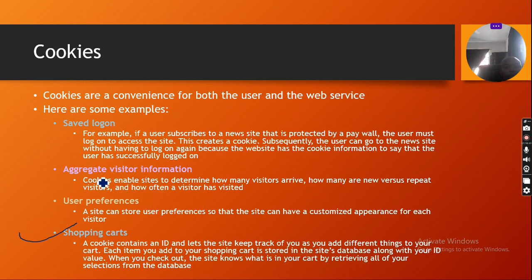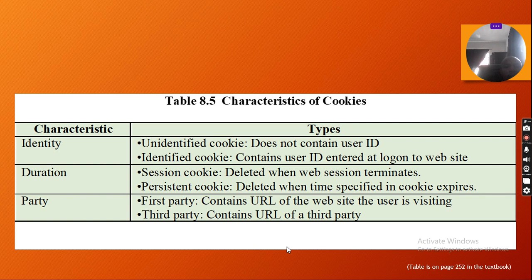Then we have the aggregate visitor cookie, like the one that establishes that a visitor has arrived. The server already knows this and then replies to the browser, and so on. We have user preferences.